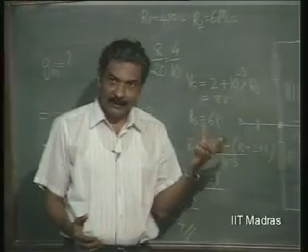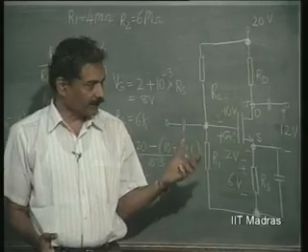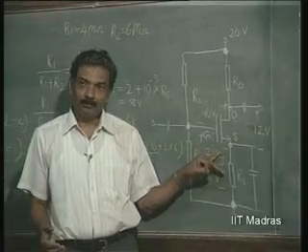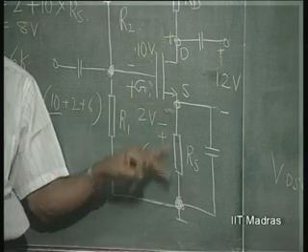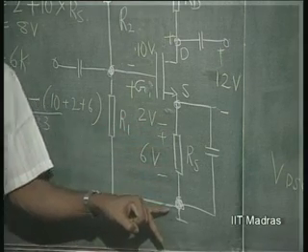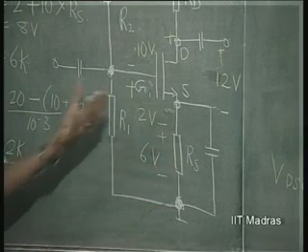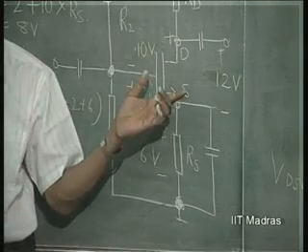What should be highlighted here is that this drop normally should be small compared to this drop if you want the operating point to be independent of the FET characteristic.